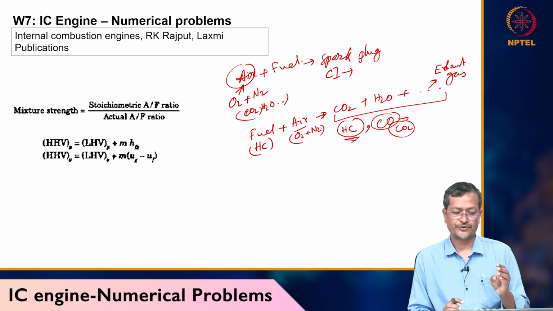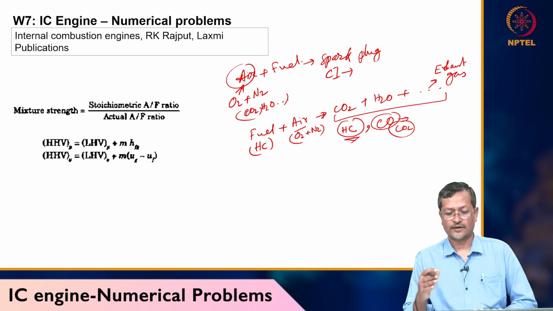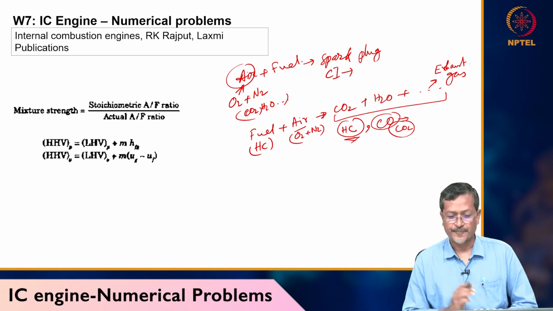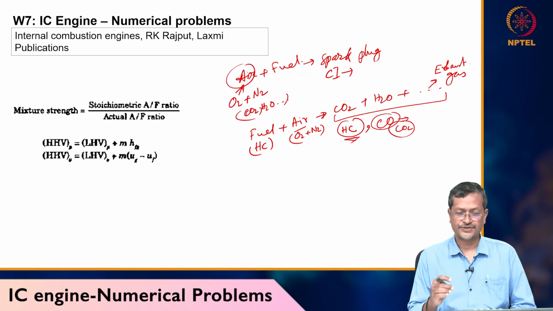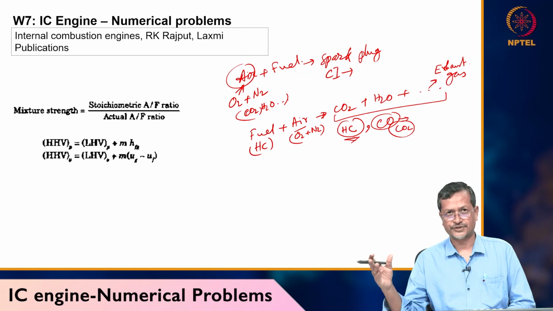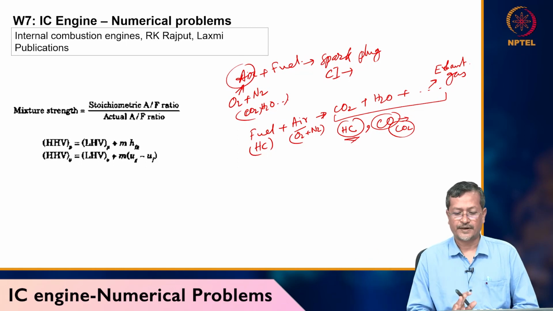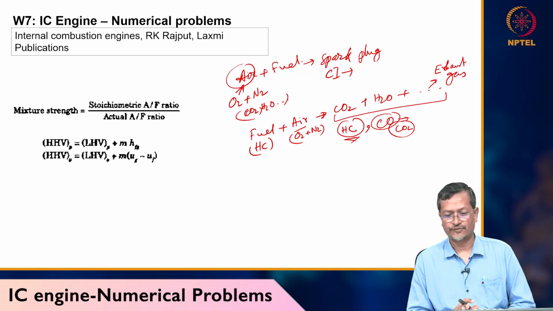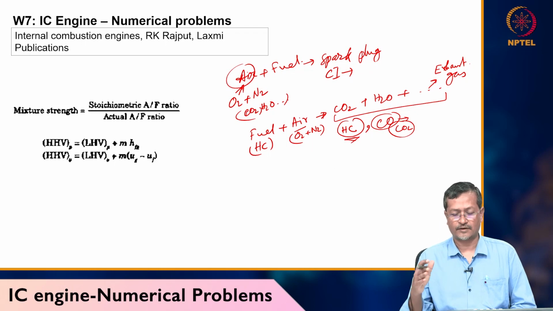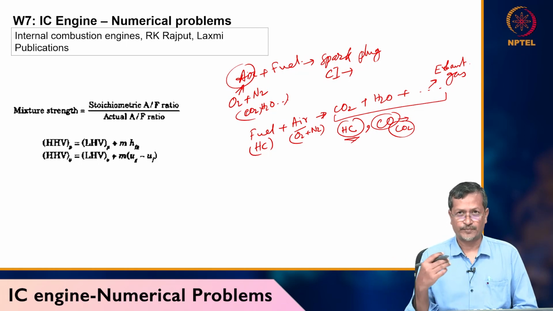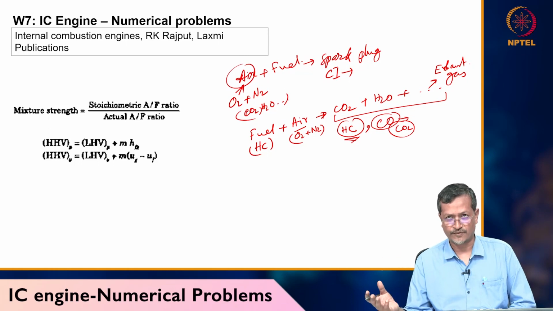But your target should be not to produce carbon monoxide. Some amount of oxygen in your combustion product is still fine, but if the burnt gas still has carbon monoxide or hydrocarbon, it is not beneficial for your engine, your environment, or your pocket.